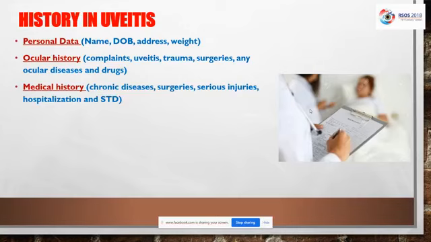So the medical history is the chronic diseases, including systemic diseases like diabetes and hypertension, history of surgeries, history of serious injuries involving other parts of the body, history of hospitalizations, history of sexually transmitted disease.